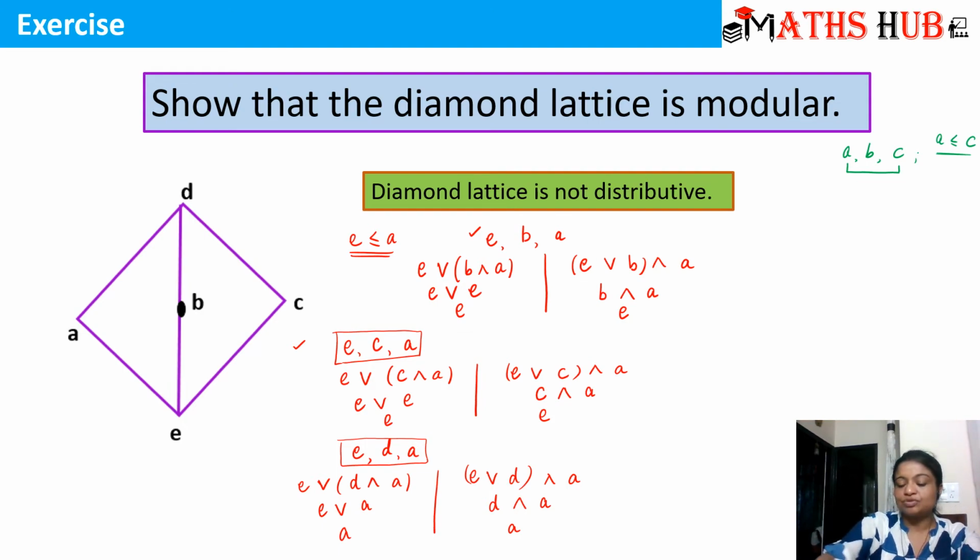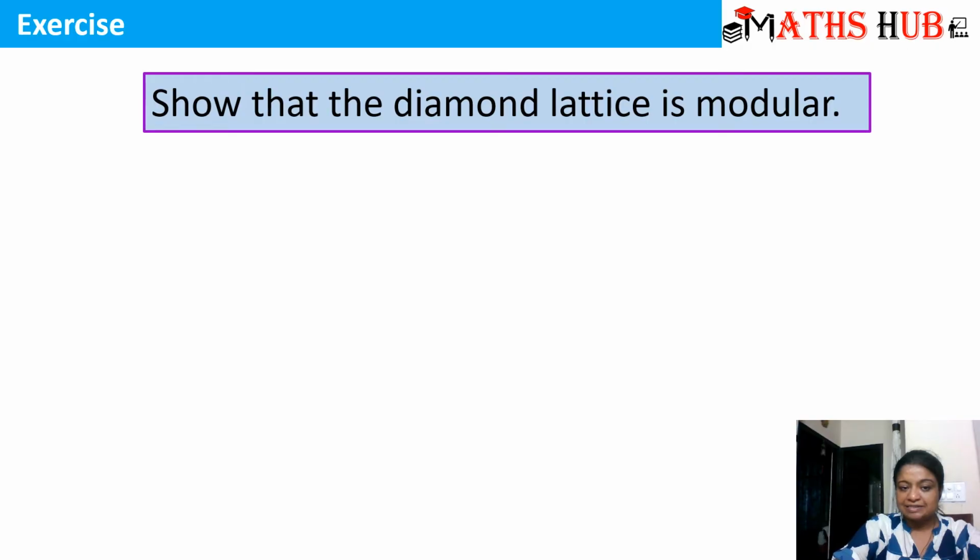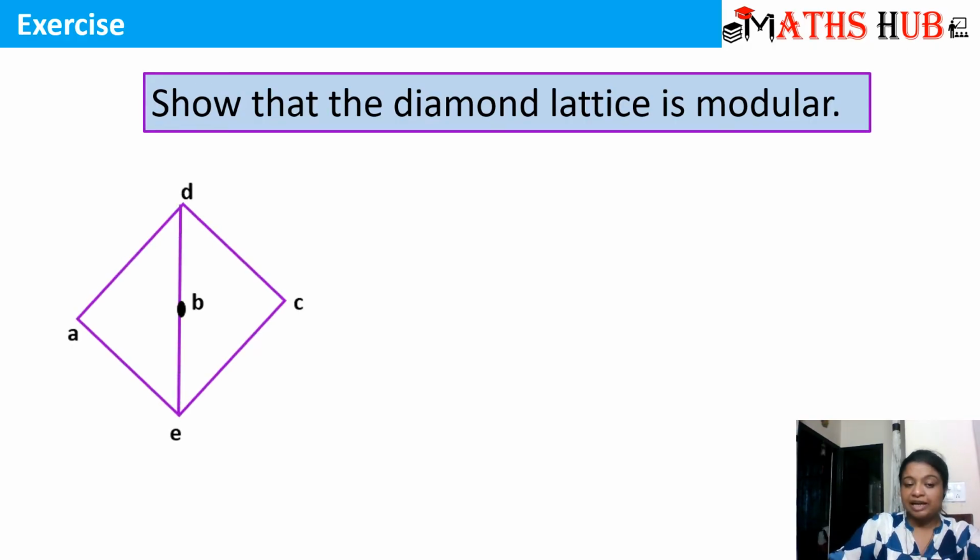So now let's choose some other pairs, right? We have exhausted till now three pairs of elements. So now let's move to the next pair. Let me now take E less than equal to B. So what pairs can I take?